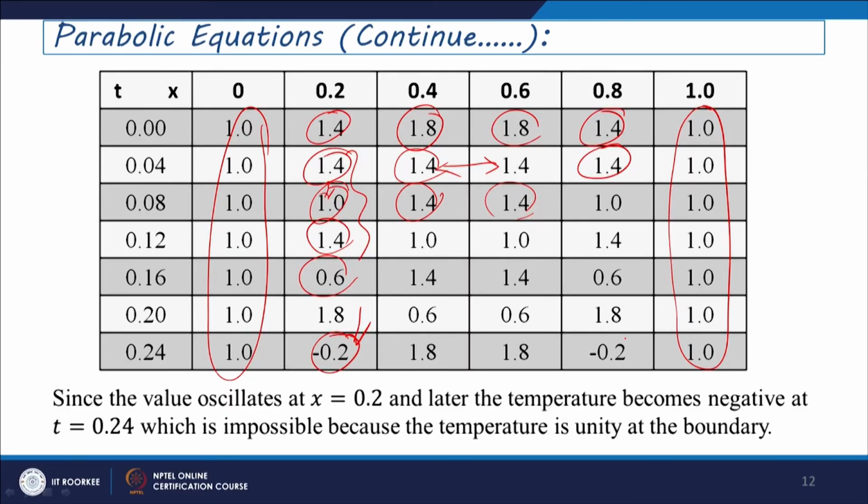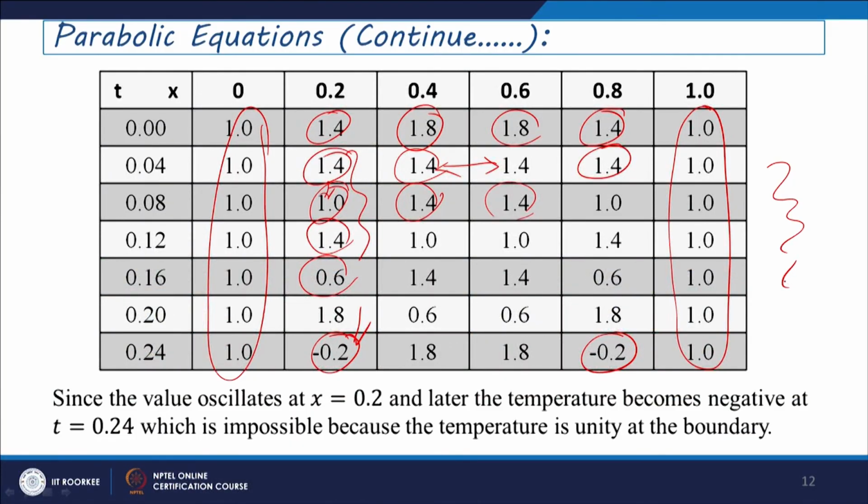Negative means that, since we are supplying heat from the boundaries, the core temperature cannot go down into a negative value. In common sense, if you take a pot of water and supply heat along the boundaries, the water gets heated and the temperature in the core grows up; it never goes down. But here the temperature goes down and achieves a negative value after certain time steps.